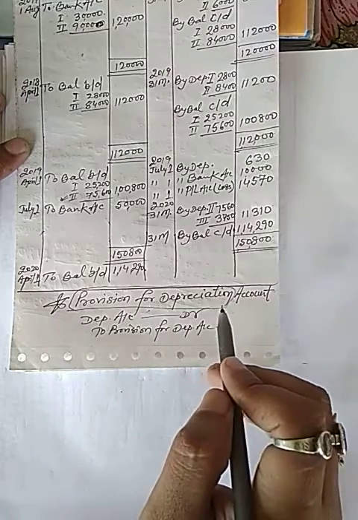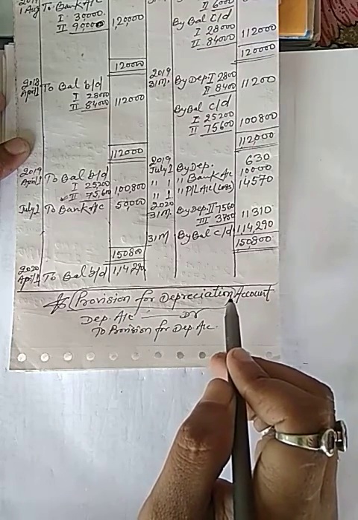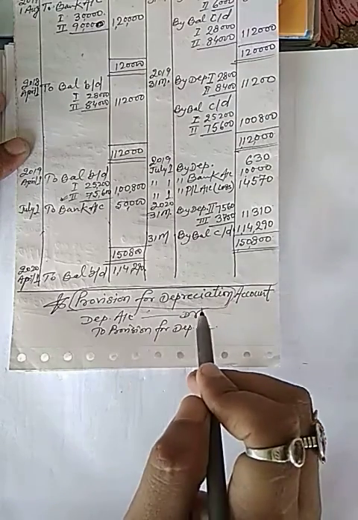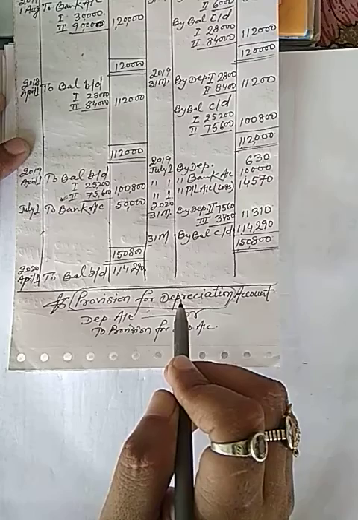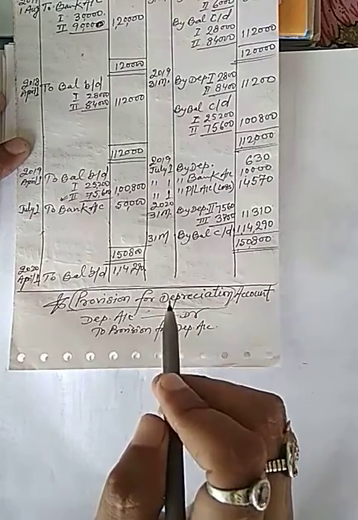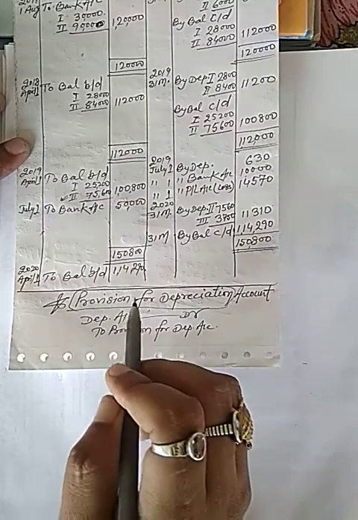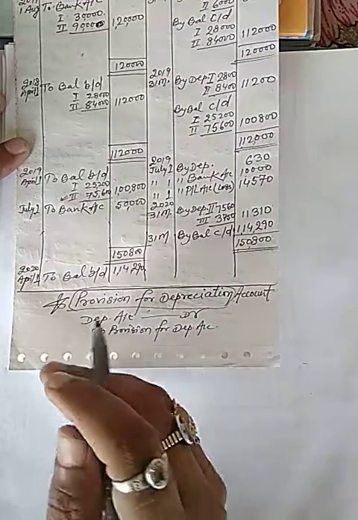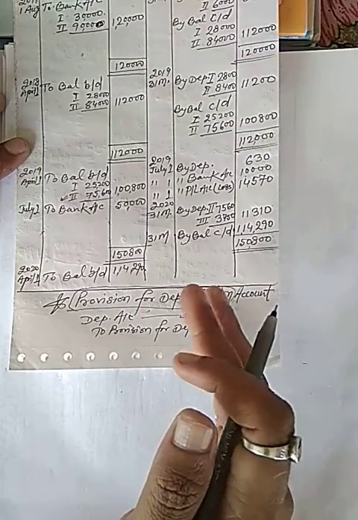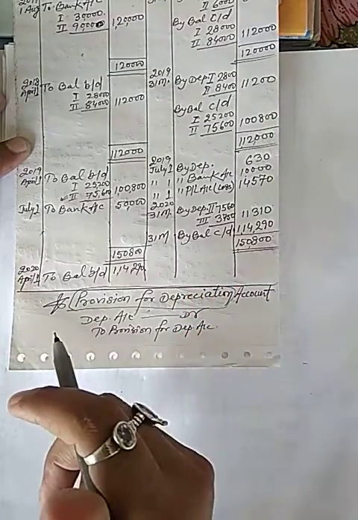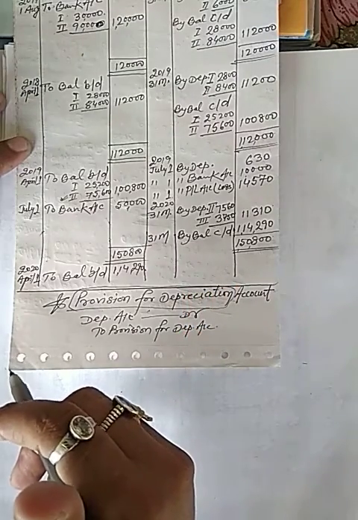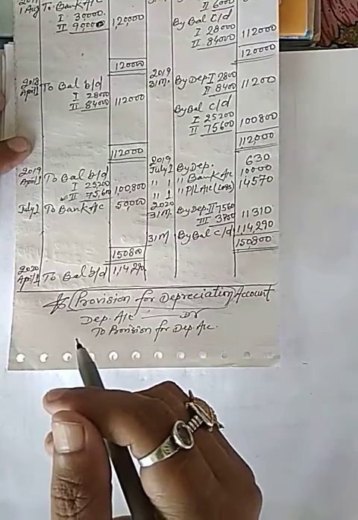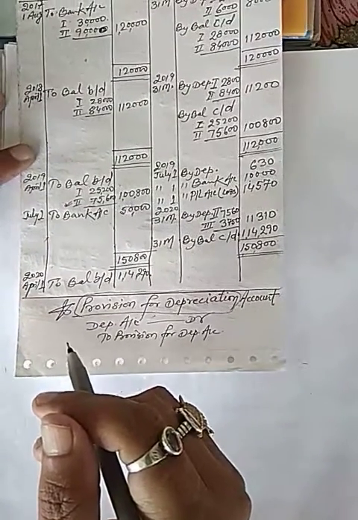So we will show liability side to provision for depreciation account. Thus, assets account is always shown in the balance sheet on the asset side at its original cost. And we all know in asset side we will show all the assets of business.